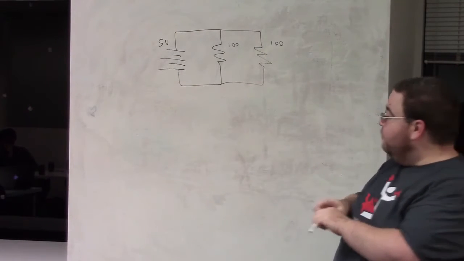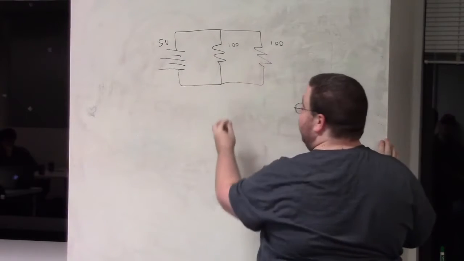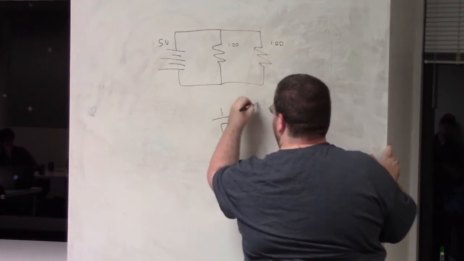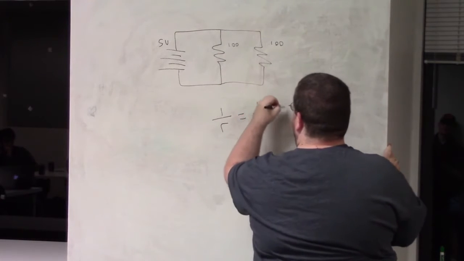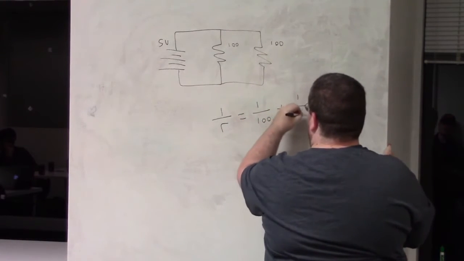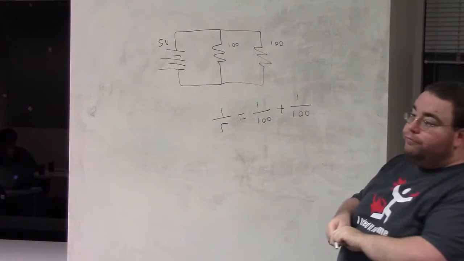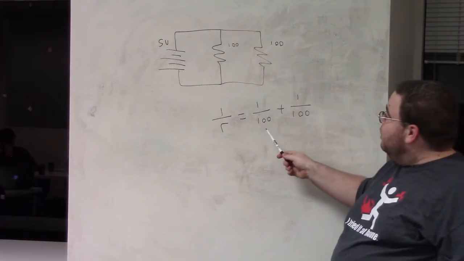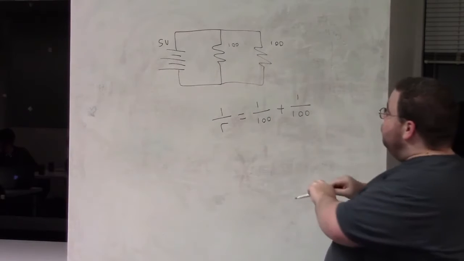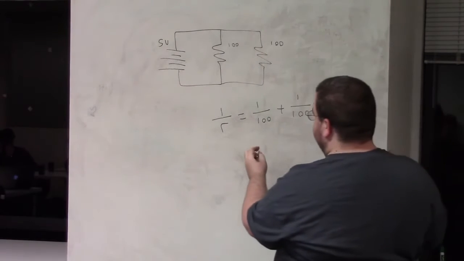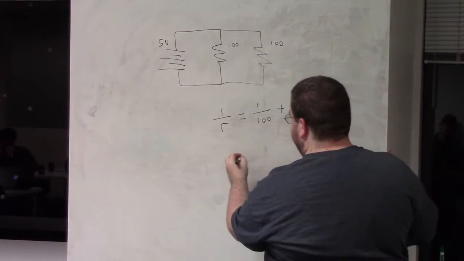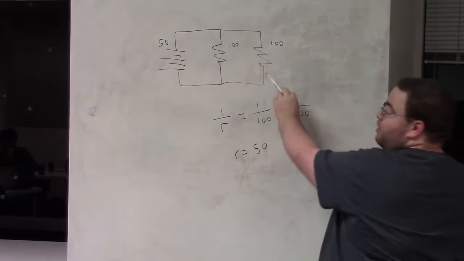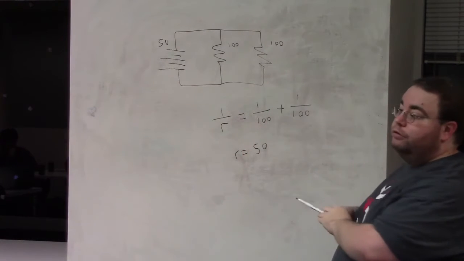And the formula for this is that the equivalent resistance of this mess is the sum of the reciprocals. So you can figure out from that that these two would be 250, so this would be the same as having one 50 ohm resistor.